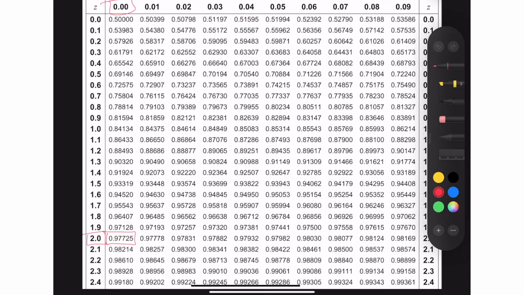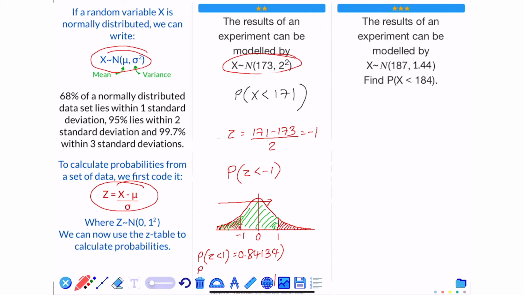So looking at the probability table, the probability of a z-score of 1 is 0.84134. So therefore the probability of z being less than negative 1 will be 1 minus this value. And this would be my final answer.